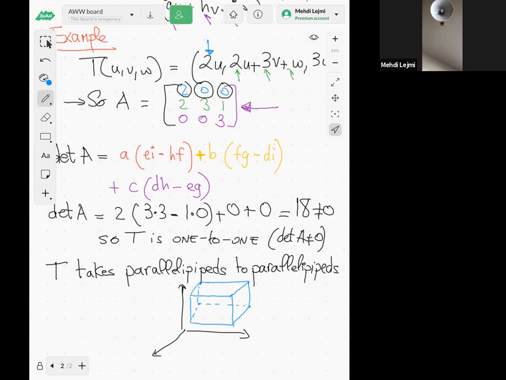Okay, so that's what I call parallelepipeds. It's just like sort of boxes in the space. And anyway, is there any question, guys, about these linear transformations?